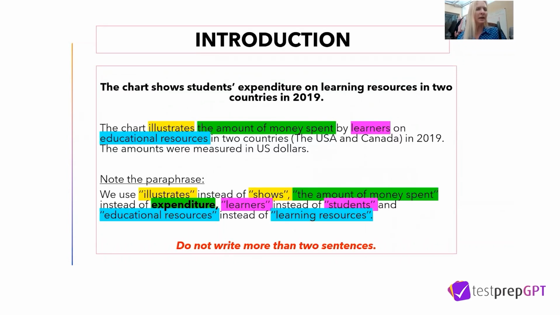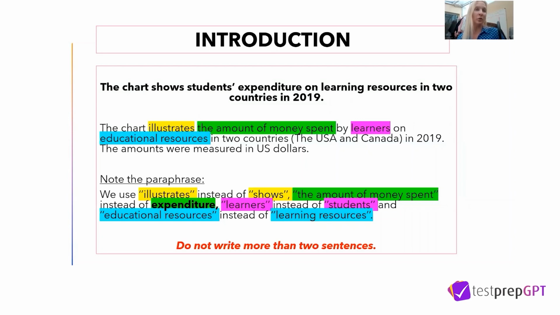So let's take a look at the introduction of your text. You'll see the opening statement in the IELTS Writing Task 1. In this case, the statement is: the chart shows students' expenditure on learning resources in 2 countries in 2019.